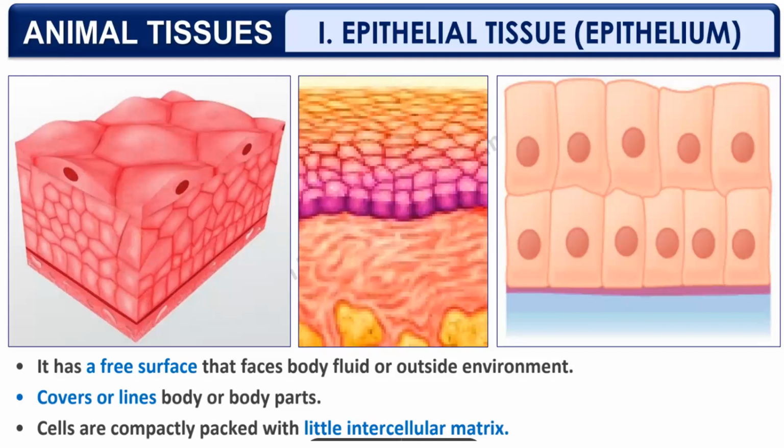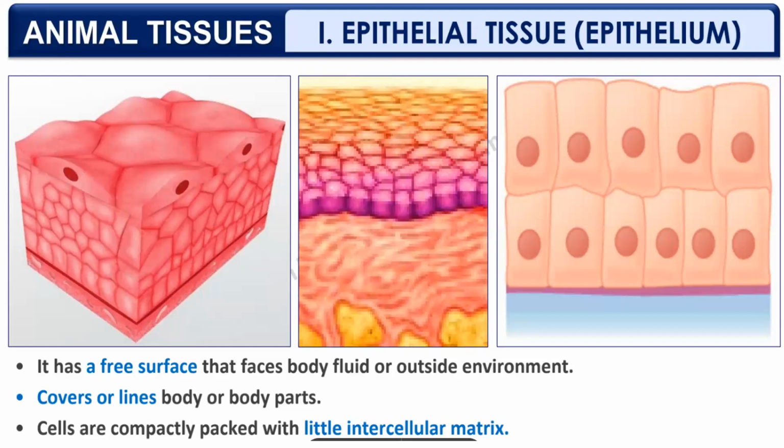For example, the exchange of gas between the lungs and the blood vessels. There the layer will be thin because it will be easy to exchange the gas.